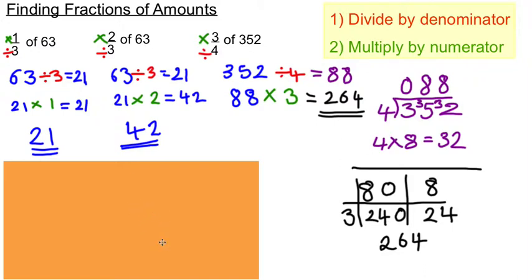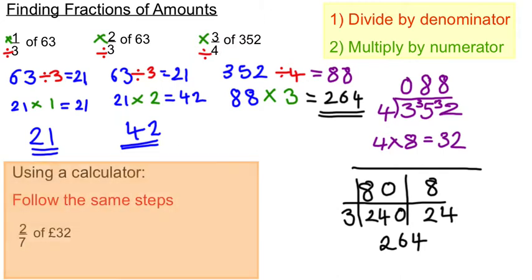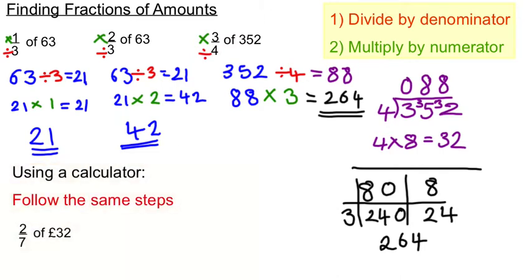Now for the calculator, we do exactly the same thing, except we just do it on our calculator. So what I would type into my calculator here is I would type in 32 divided by 7 times by 2.